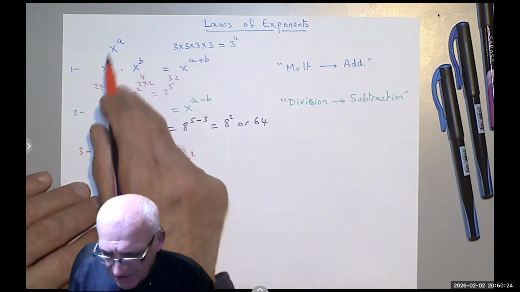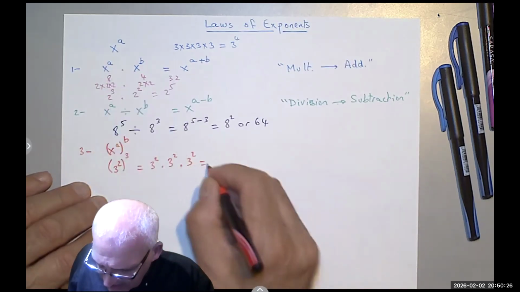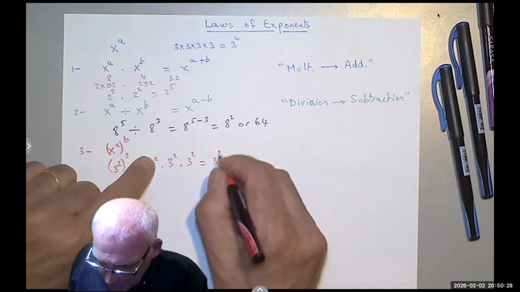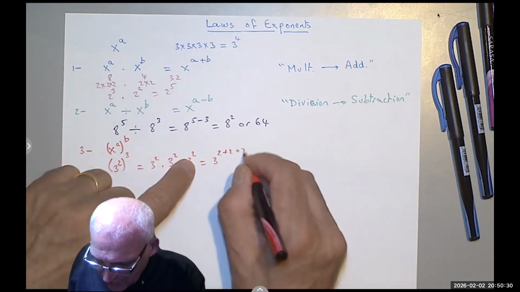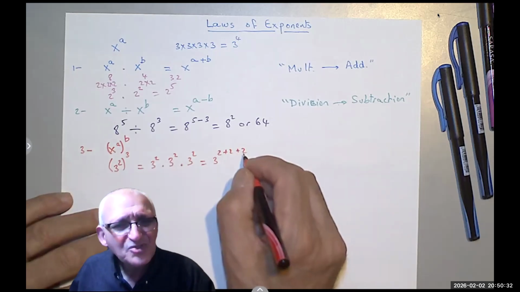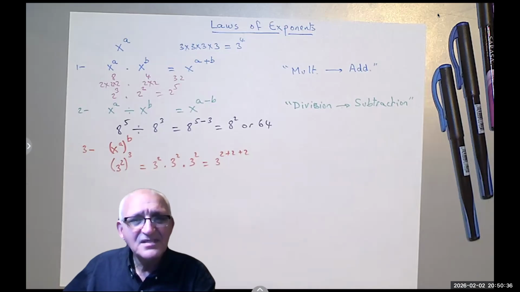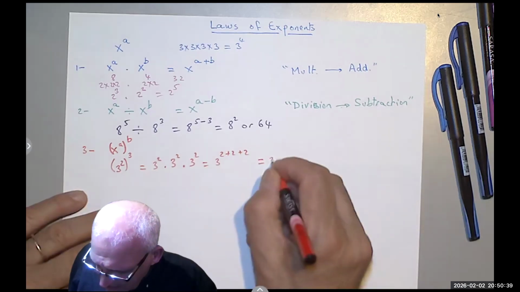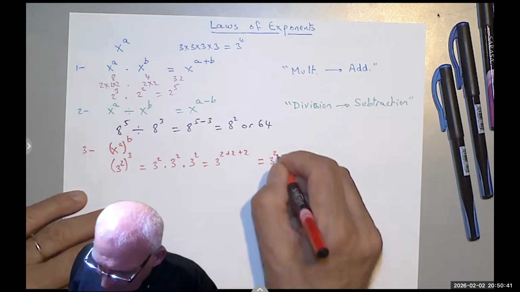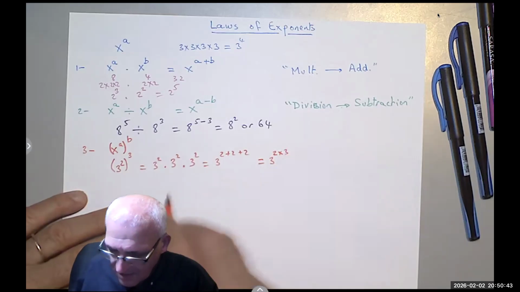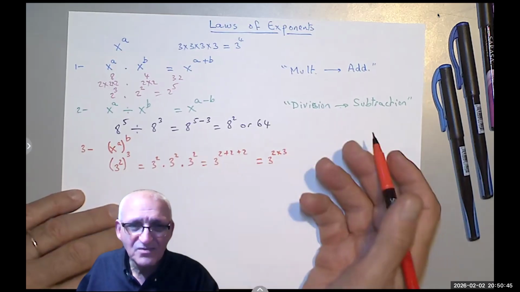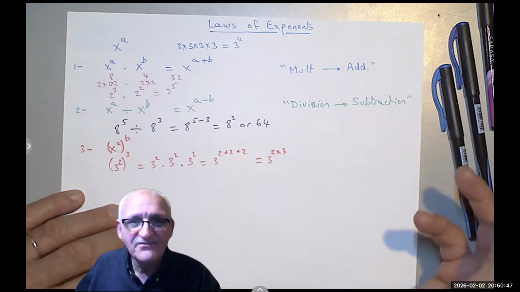But the multiplication means addition, right? So this is the same as 3 to the 2 plus 2 plus 2. We usually don't like to add something to itself n times. 2 plus 2 plus 2 is 6. Why do we keep adding 2 to itself 3 times?